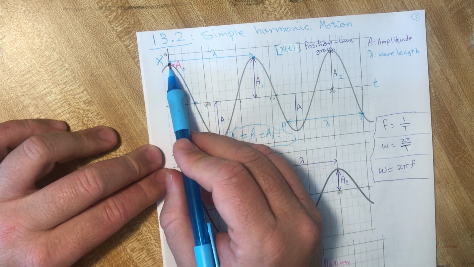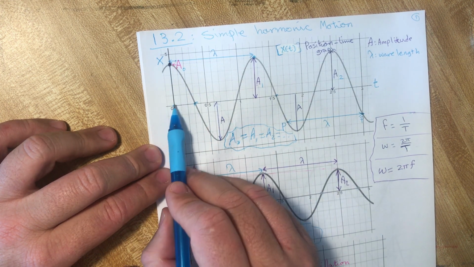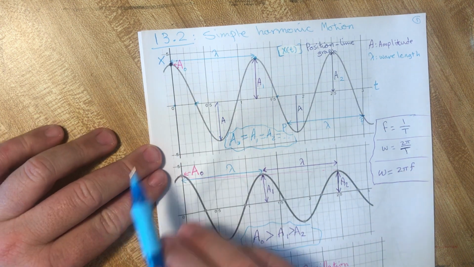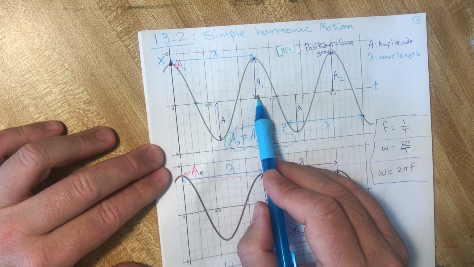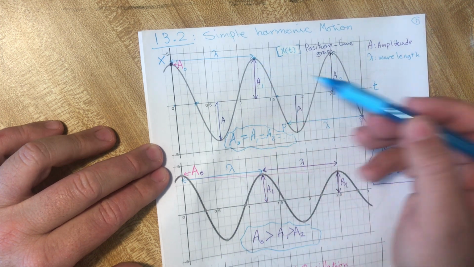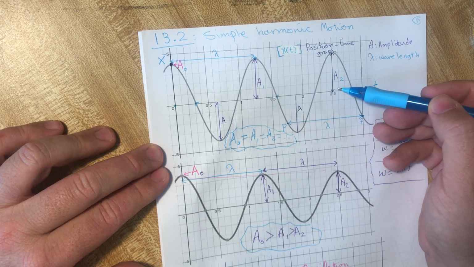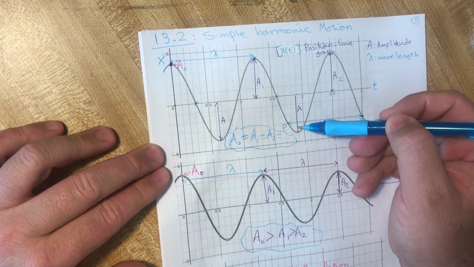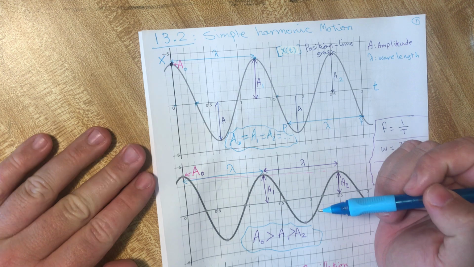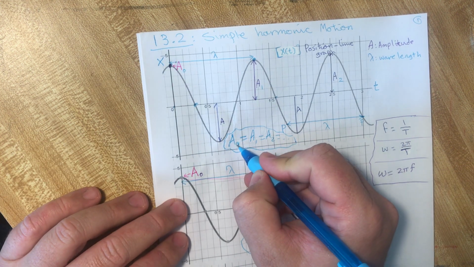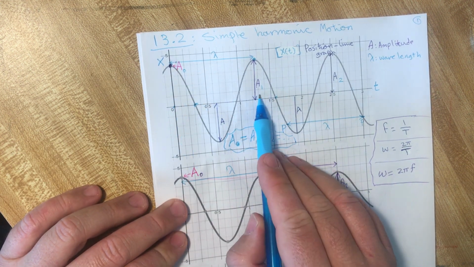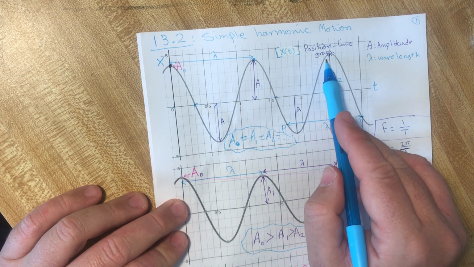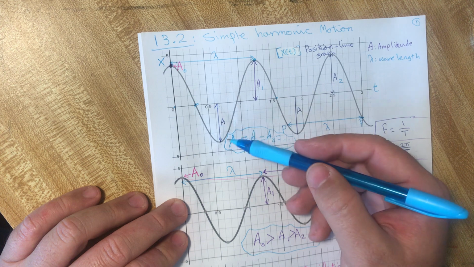At t equals 0, we have the maximum displacement a0. After a while we have a1, from 0 to the maximum distance. Also for a2. Also we have minus a. We note that a0 is equal to a1, which is equal to a2 and all the a's.